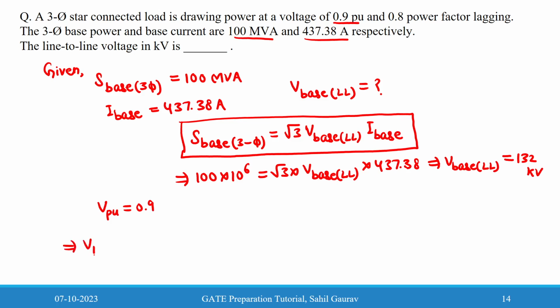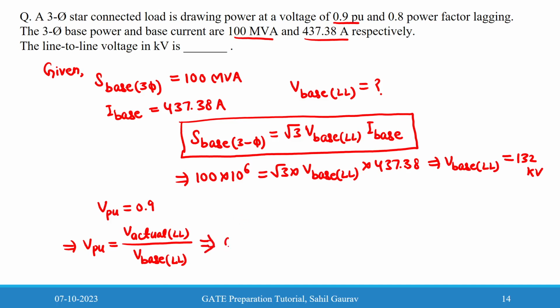So we can write V per unit is V actual LL divided by V base LL. If one wants to use the line to neutral voltage, then both numerator and denominator will be in line to neutral or phase voltage, so accordingly you can use the expression.